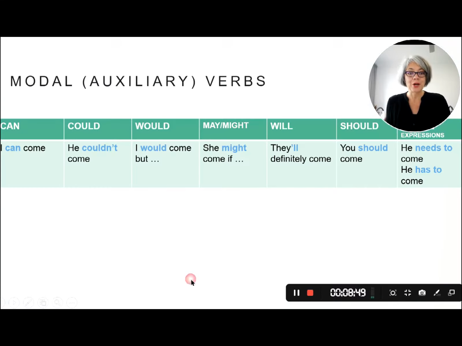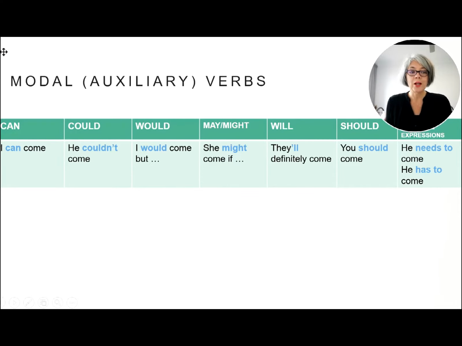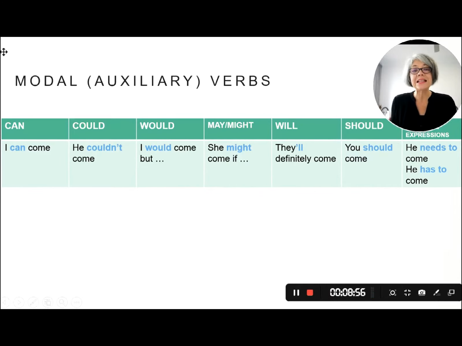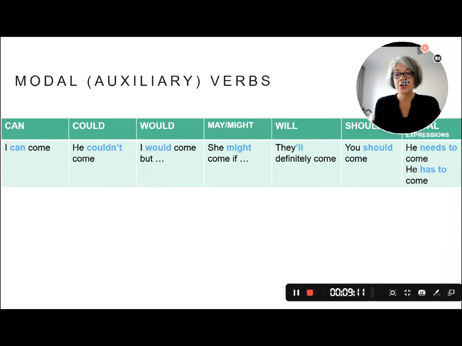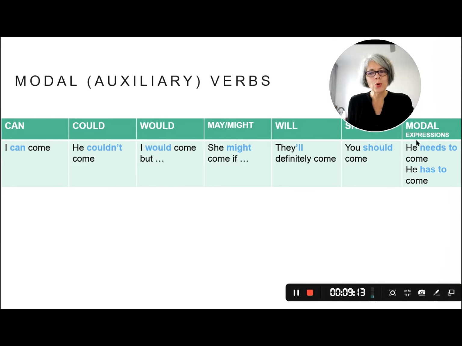So we keep going. The last thing I wanted to help you understand today is the modal verb. Modal verbs, remember, are helping verbs. They can be can, could, would, may, might, will, should, and also you need to learn modal expressions like need to, have to.